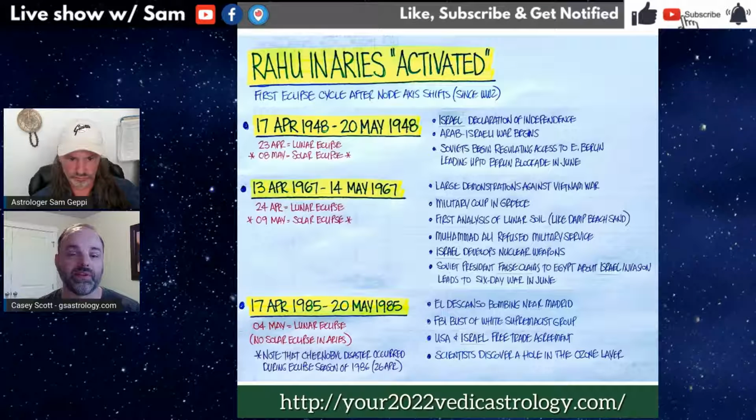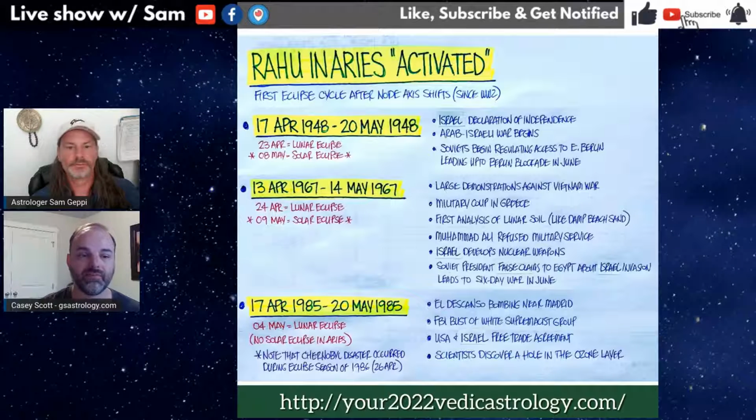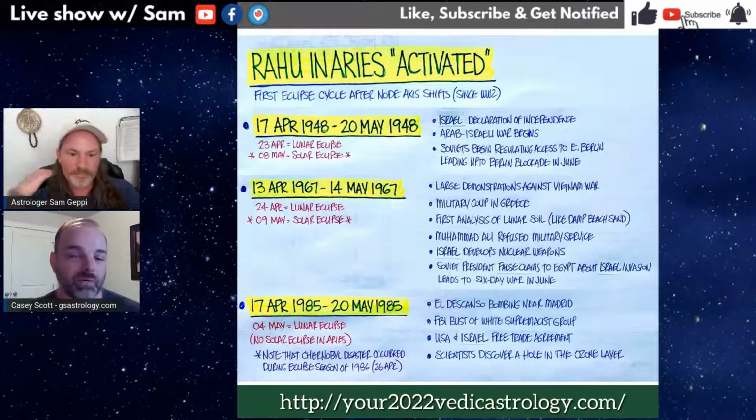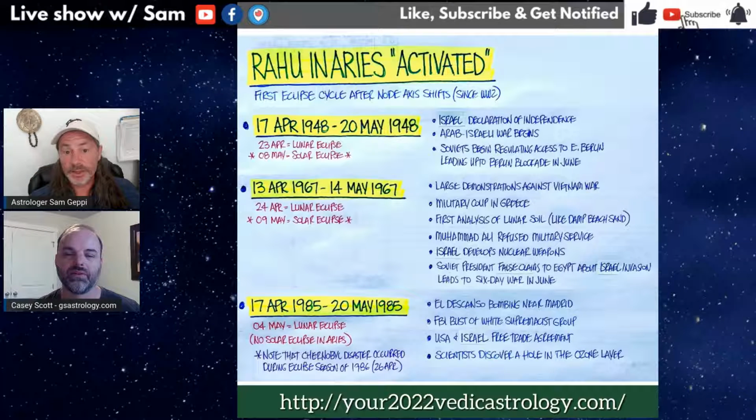For example, this is when Israel declared its independence, right at the end of the British, the League of Nations mandate for Palestine. And the minute that expired is when the Arab-Israeli war began.